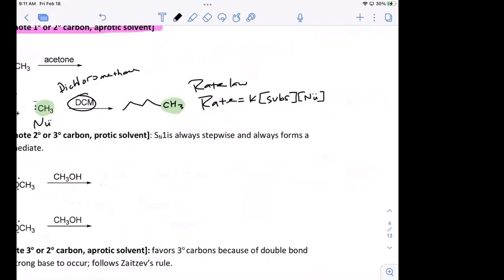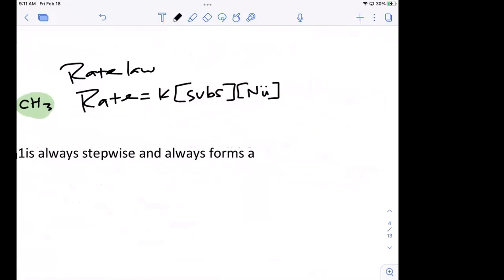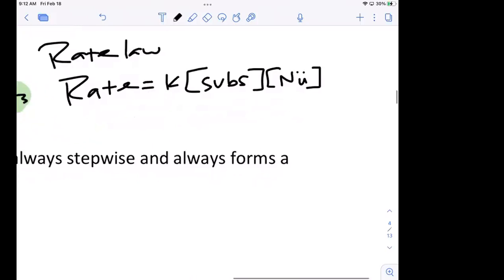So the question about the rate law is, the rate is dependent on both the substrate and the nucleophile. So if I change the concentration of either one of those, it's going to change the rate. And that's a consequence of this being bimolecular.